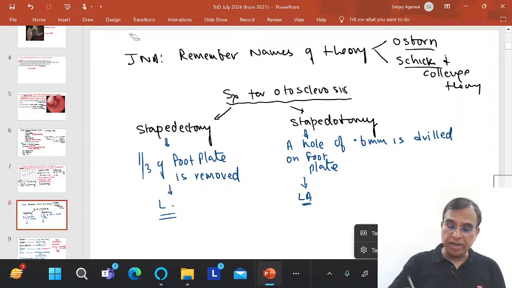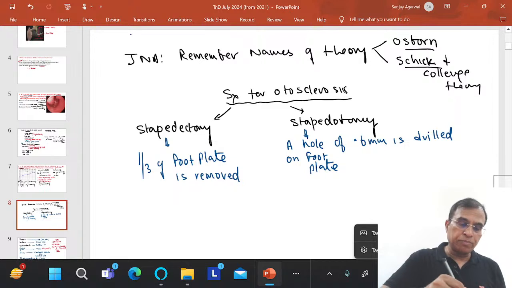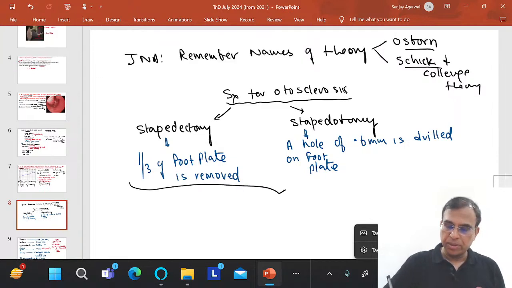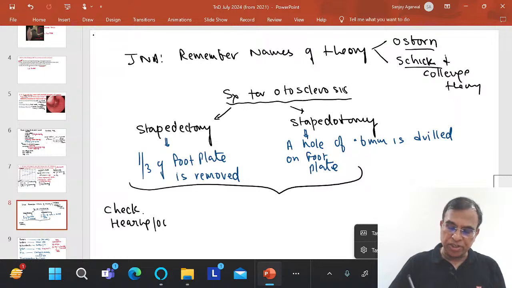To check the hearing after stapedectomy, after both these surgeries, check the hearing or outcome of surgery.